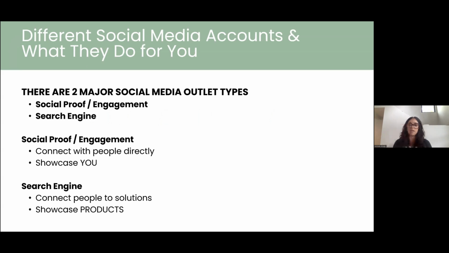And then our search engine outlets connect people to solutions, and they showcase products. The product that you're selling, and in your case, the product would be your listings, your homes, your rental properties, whatever it is that you're selling to people or helping people come into, is what we would call your product.